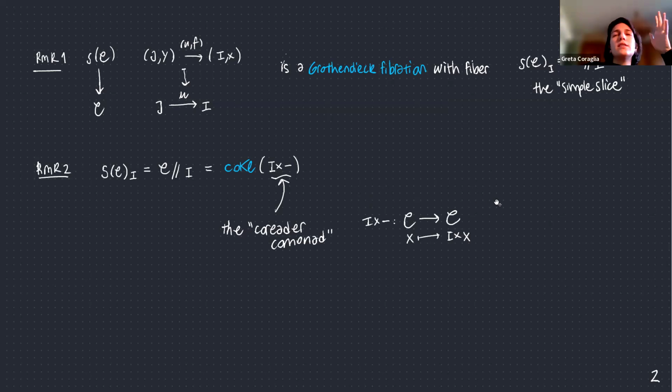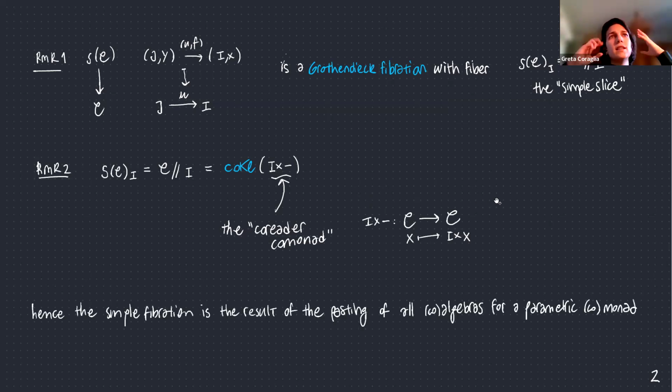There is a fibration and there is a comonad. And in a sense, the simple fibration is the result of pasting together all the co-algebras for a comonad that is in particular parametric, because at each I you have a different one, and they are related in a functorial sense that you can imagine.